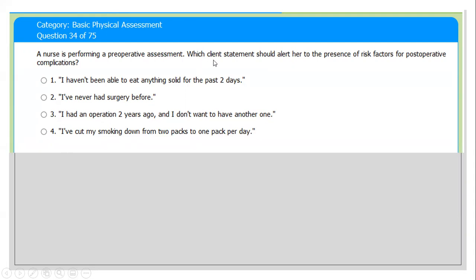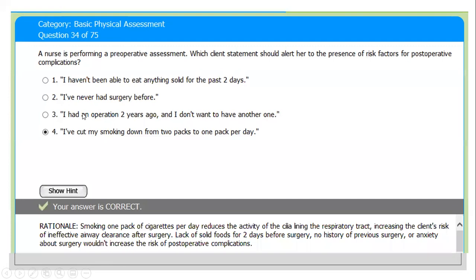So the examiner is asking which client statement should alert her to the presence of risk factors for postoperative complication. The correct answer is, I have cut my smoking down. But the patient should stop completely, right?